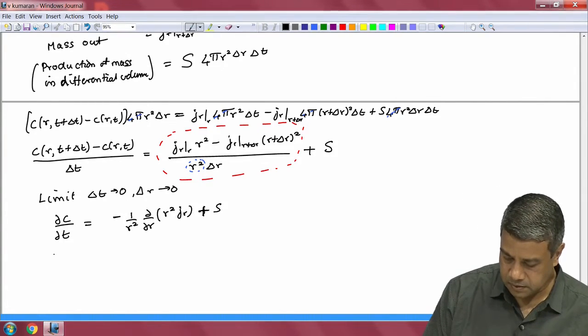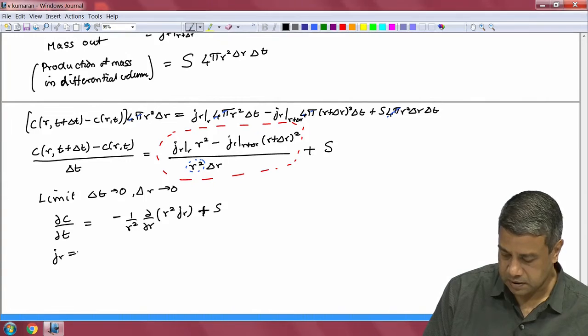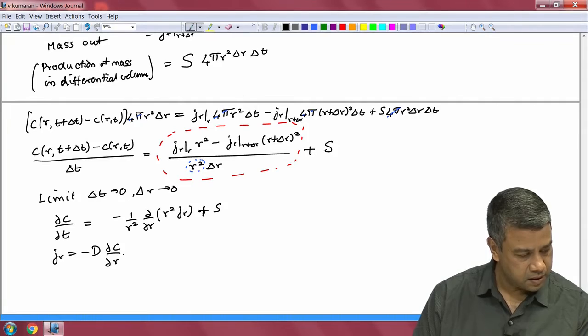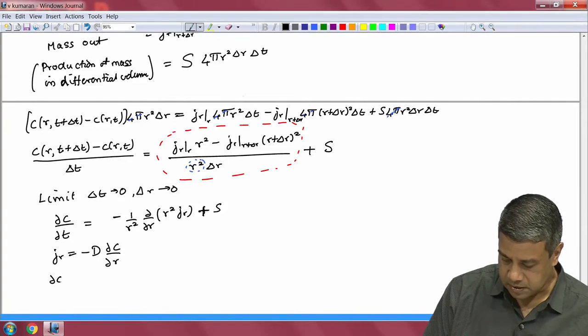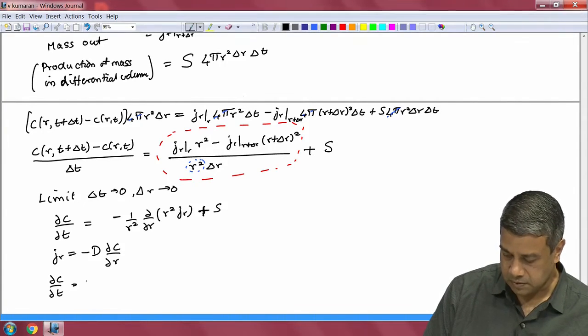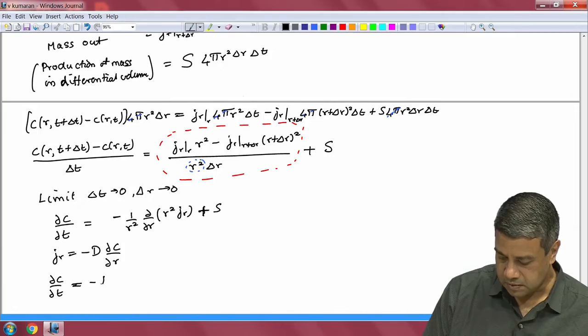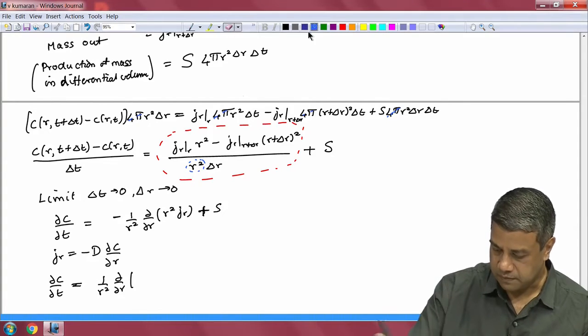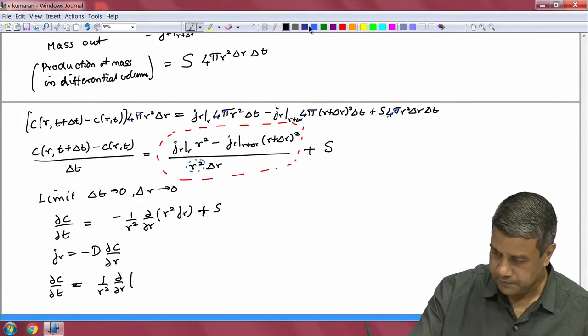Now, I can substitute for the flux the constitutive relation minus D partial c by partial r, okay. And the equation becomes partial c by partial t is equal to minus 1 by r square d by dr of, sorry, there is no negative sign here, because I have two negative signs.